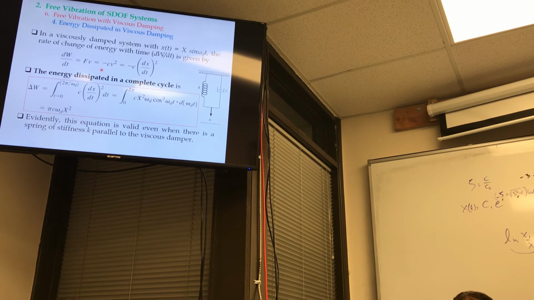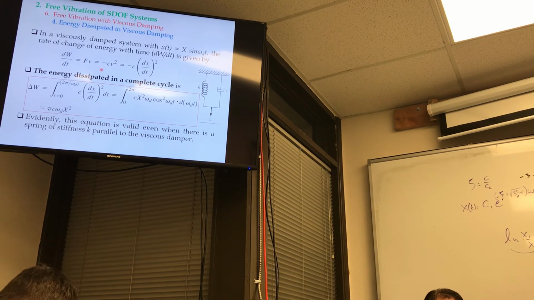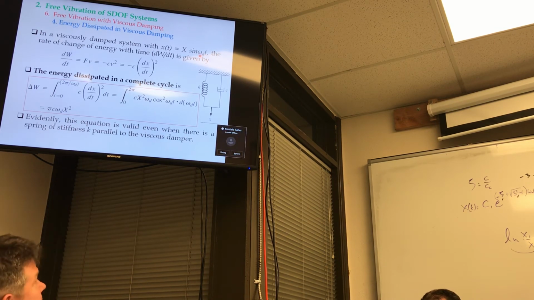With damping, obviously we're going to be losing energy, right? And what causes you to lose energy is the C, the damper, because if C is equal to 0, we said there is no loss of energy at all. So if you look at a viscously damped system, when x is equal to X sine omega d t, because it's a damped system, it cannot vibrate with omega n, but it vibrates with the damped frequency.